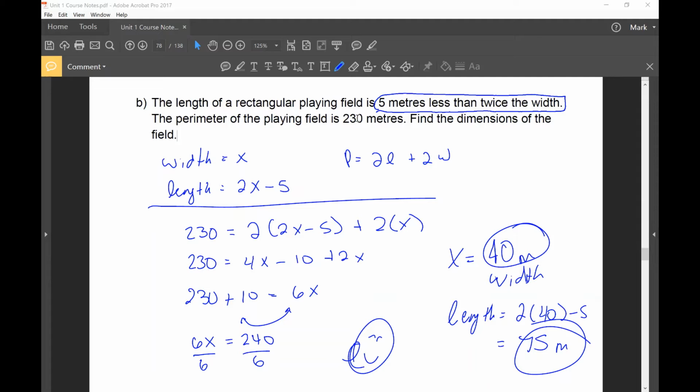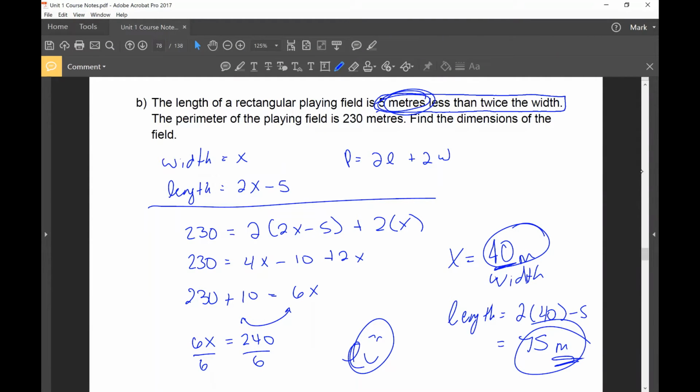Yes, there's a question. We have to write the unit. Is it necessary? Yes, it is. I mentioned this the other day. You have to include a unit because 40 means nothing. It could be 40 grams, 40 liters, 40 meters, 40 kilometers. I need the unit, and the unit will always be in the question.